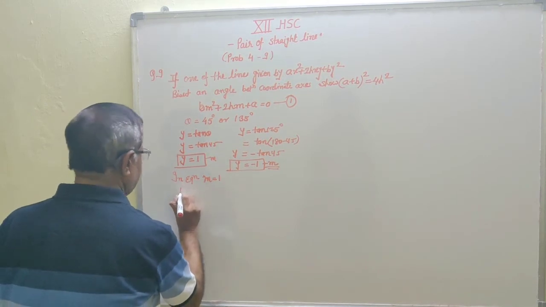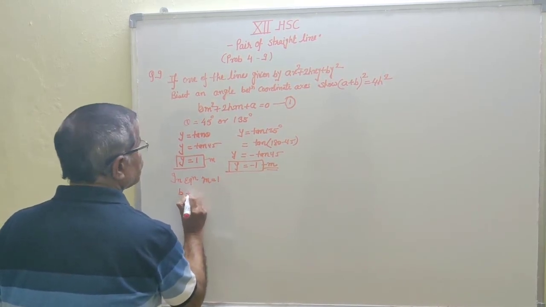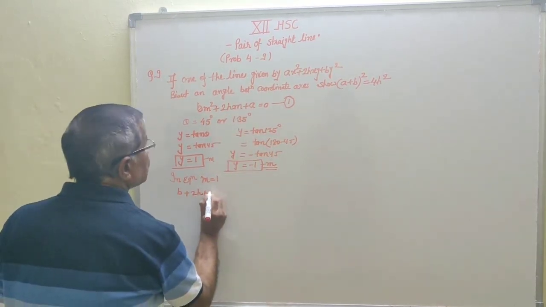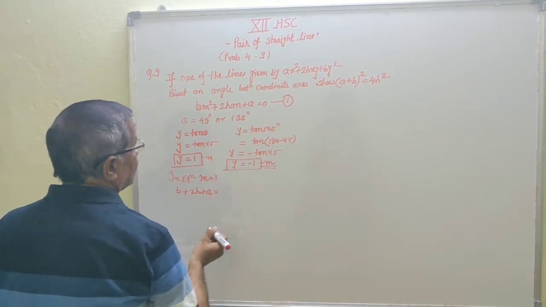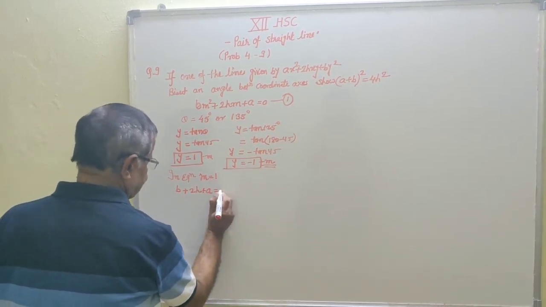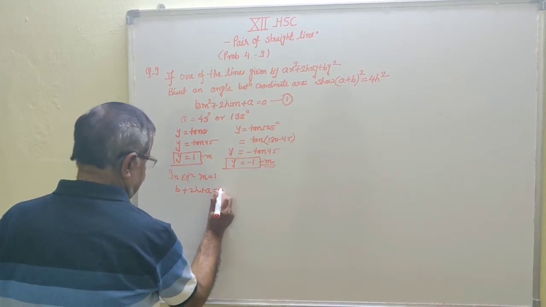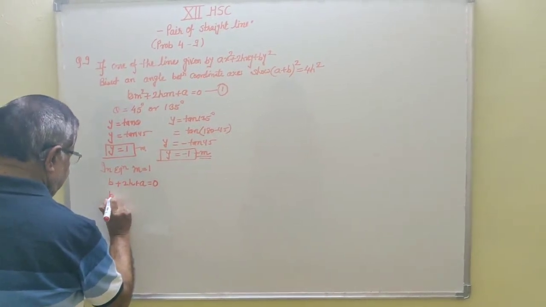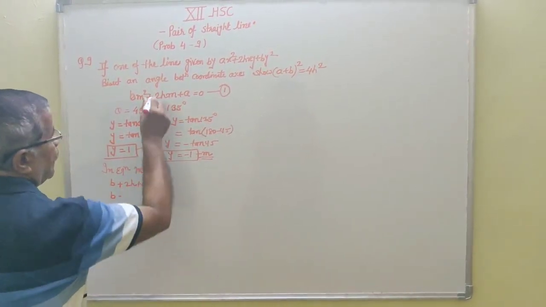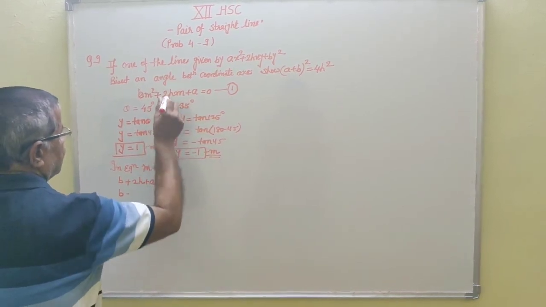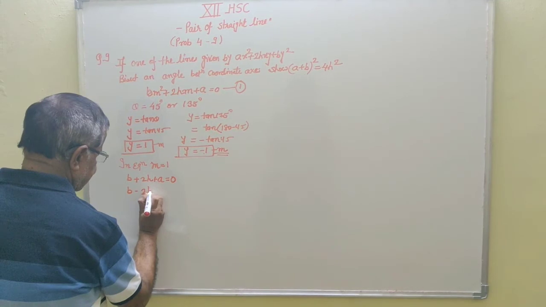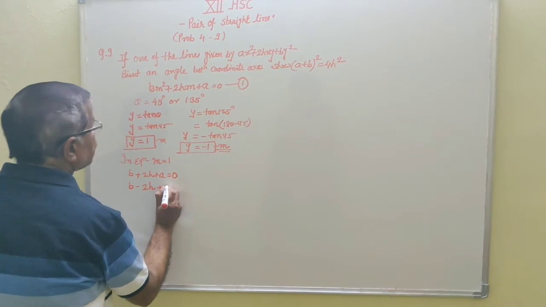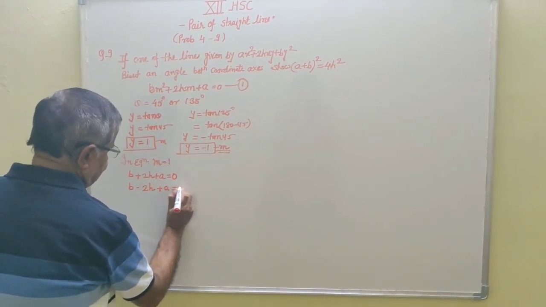The equation becomes b + 2h, with m as 1, + a is equal to 0. Now for the value -1, again b plus, since m is -1, this becomes -2h, plus a is equal to 0.